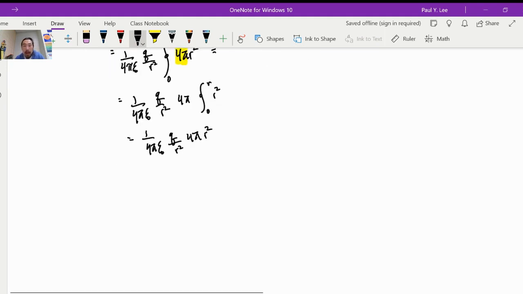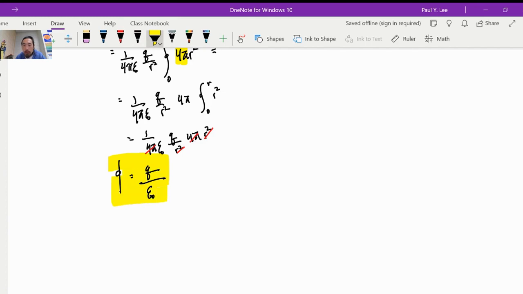And here's where the algebra takes over. We can see here that the 4 pi cancels out, the r squareds cancel out, leaving us with the following formula. The flux is equal to the charge over this constant epsilon naught. And this here, that is very important.